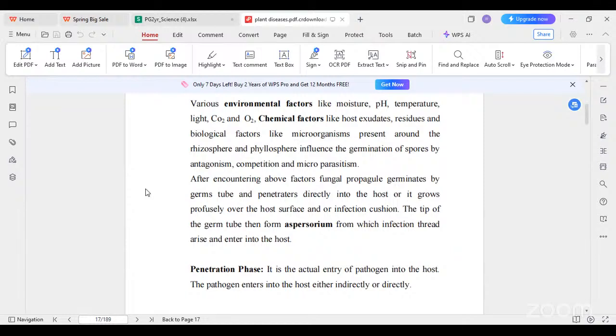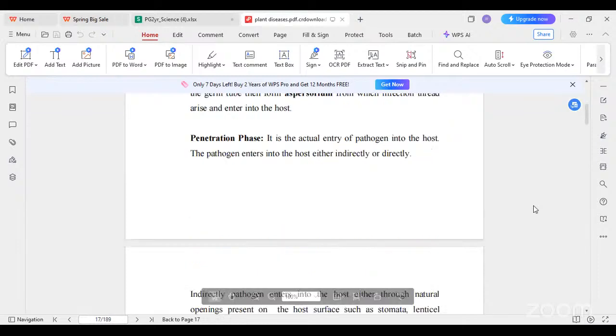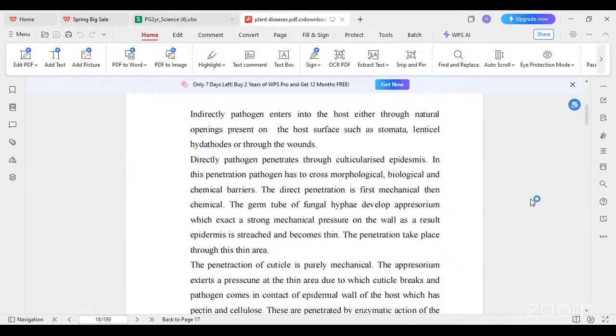Next one, penetration phase. It is the actual entry of the pathogen into the host. The pathogen enters into the host either directly or indirectly. Indirectly, the pathogen enters into the host either through natural openings present on the host surface, such as stomata, lenticels, hydathodes, or through wounds.